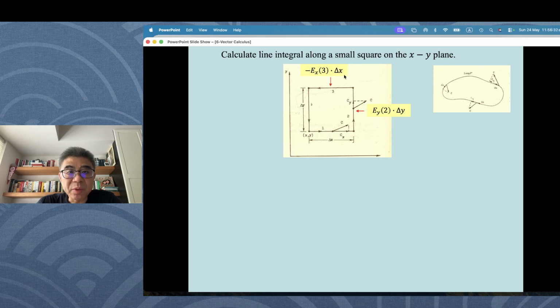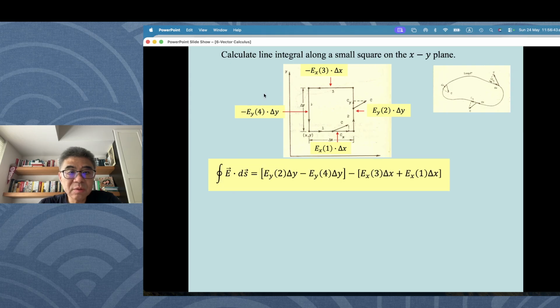So the contribution on the third section will be this. Then the contribution from the first path, and the contribution from the fourth path. If I add them up together and collect the contributions proportional to delta y in the first term, and those proportional to delta x in the second term, the expression could be written in this way.